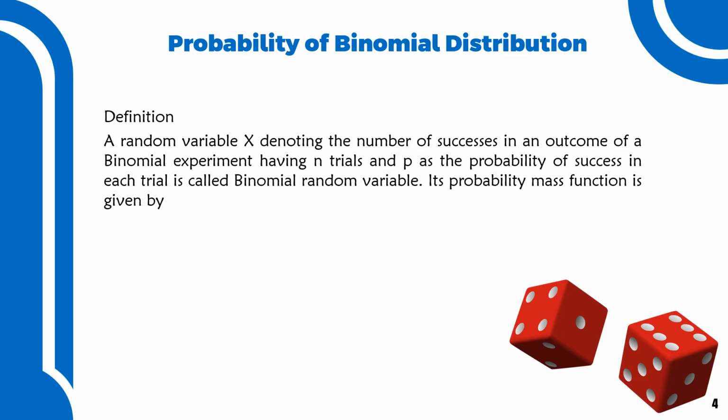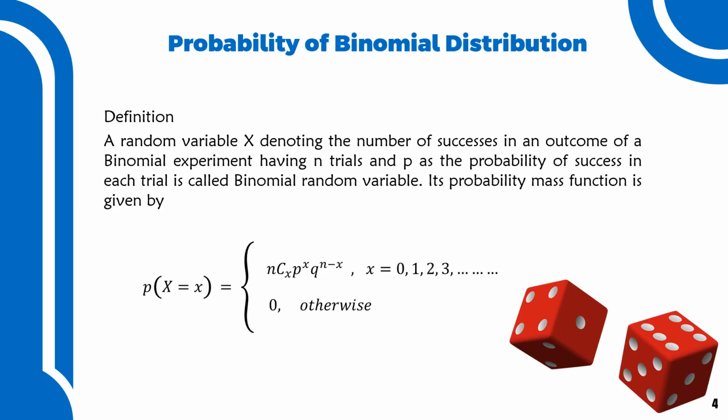Its probability mass function is given by p of x equal to nCx p power x q power n minus x, x equal to 0, 1, 2, etc. Otherwise 0. Where p plus q equal to 1.